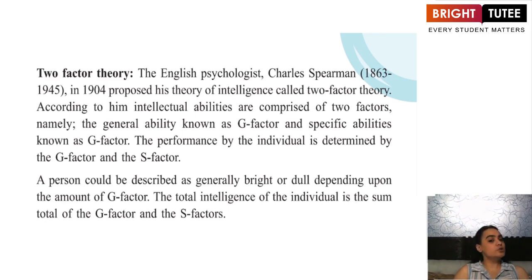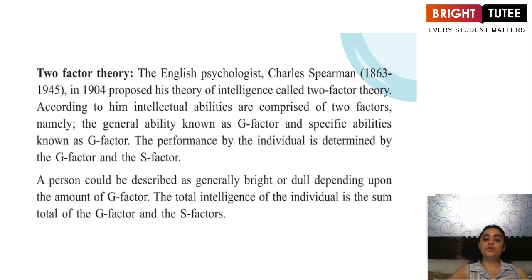Now, according to him, a person can be described as somebody who's bright or somebody who's dull on the basis of their G factor, the general, the basic, the average qualities that a person possesses.